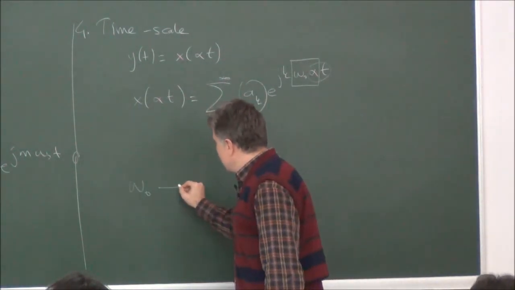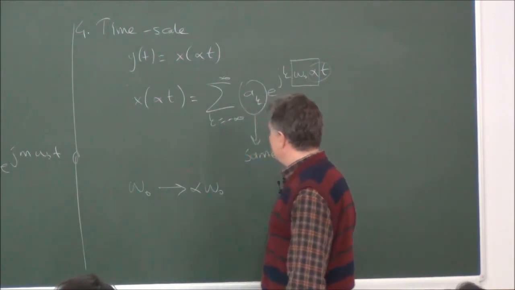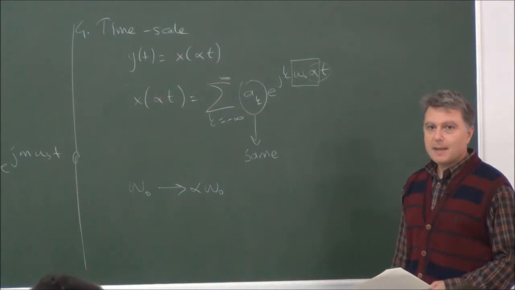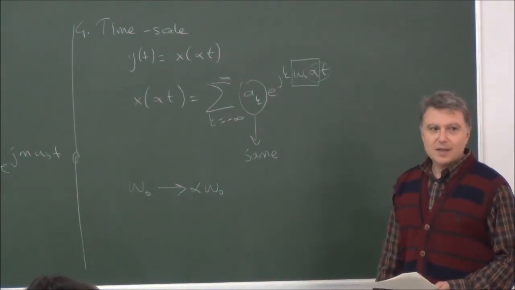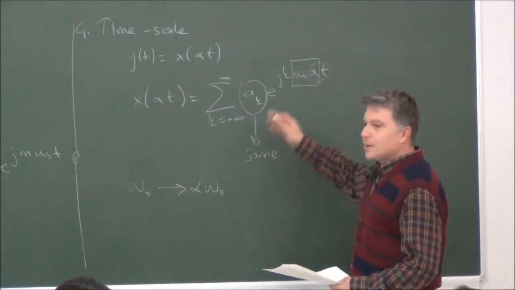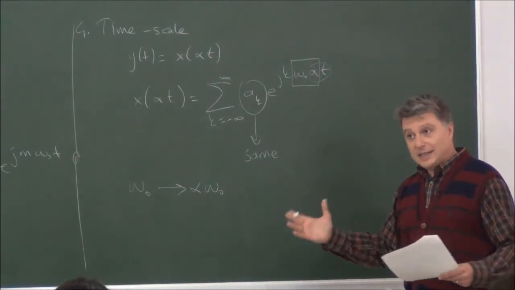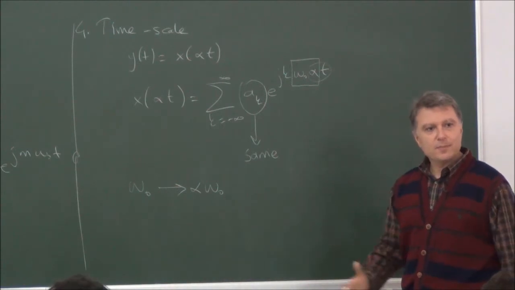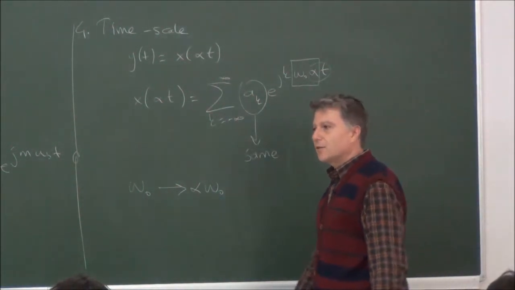Omega 0 changes to alpha times omega 0. Okay, that's it. So it's not the coefficients, it's the fundamental frequency. And that, of course, alters all the expression, and it makes a reproduction of the same or a similar signal in the more squeezed or a more expanded form. Only the fundamental frequency changes when you make a time scaling of a periodic signal.